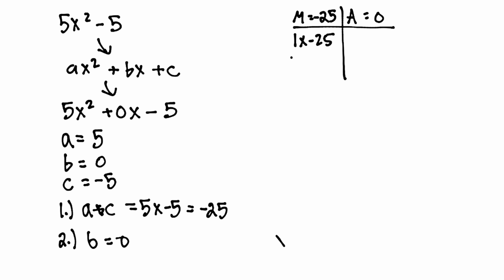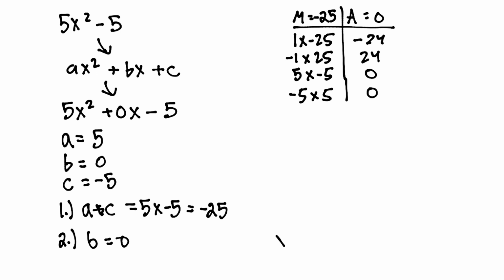So we'll have 1 times -25, -1 times 25, 5 times -5, -5 times 5. What these add to is -24, 24, 0, and 0. So in this case, we actually have two options that work. However, they're equivalent, both 5 or -5.